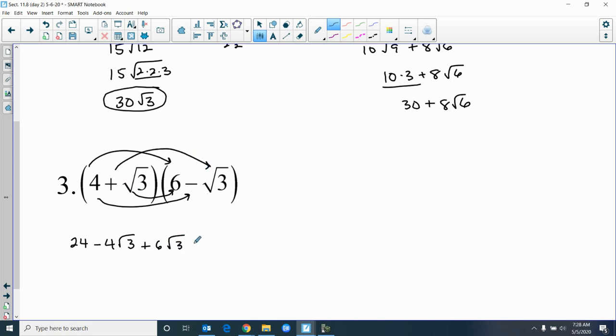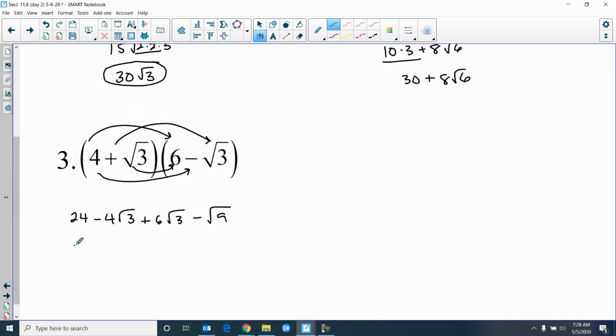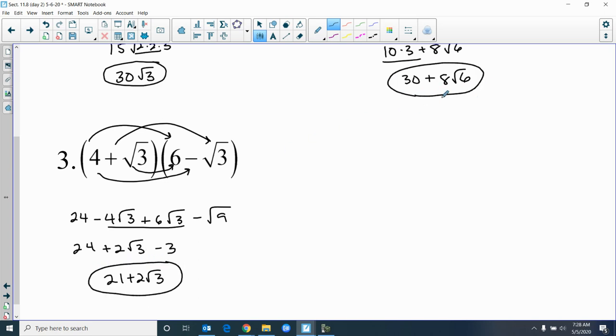Positive times a negative is a negative. 3 times 3 is 9. These two are like terms. They combine to give you plus 2 square root of 3. And now square root of 9 is 3. 24 minus 3 is 21. There's our answer: 21 plus 2 square root of 3.